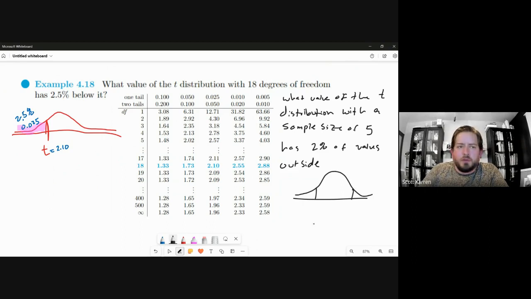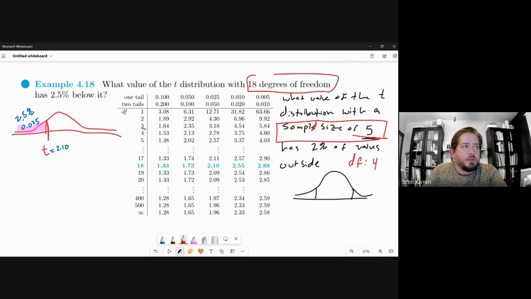Okay. So I'm looking at a two-tailed test, right? And so my sample size is 5. Be careful with the difference between sample size and degrees of freedom. Here, you were given a sample size. Here, in this last one, you were given the number of degrees of freedom. I have a sample size of 5. That means my degrees of freedom is 4.